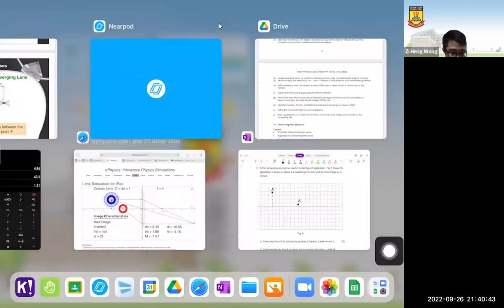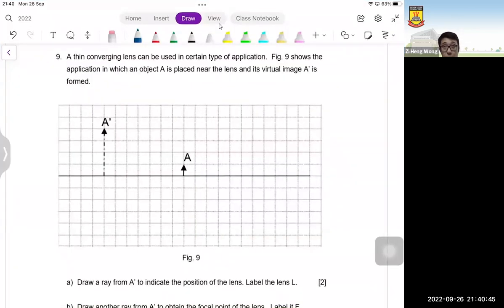Okay, so for lens, in this case, they say this one is my image, and this one is my object. So this one is very special. They give you the object and image, they never give you the lens, they never give you the focal length. So they are saying to draw a ray to indicate the position of the lens.